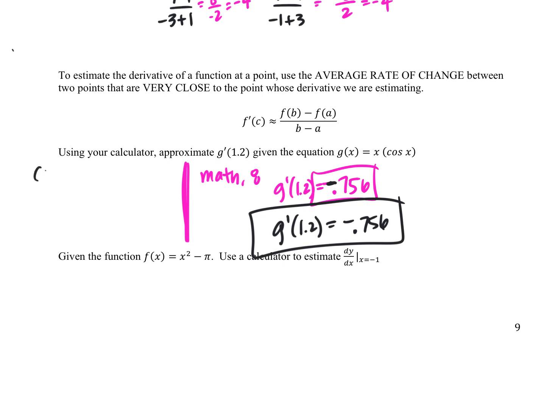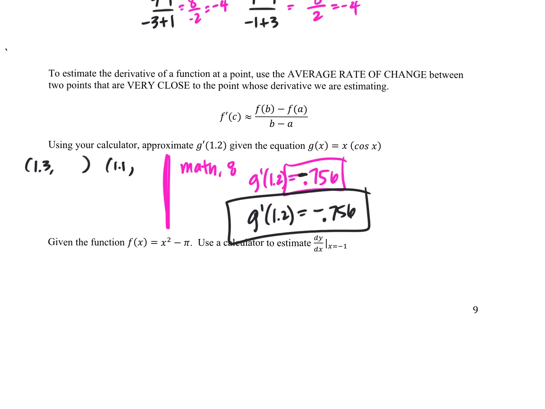You're saying 1.3 and 1.1? Those are two x values on either side. How would I get the y value? Let's find when x is 1.3. This is pretty silly that I'm having you do this, but I think it is good practice. This is kind of what you were saying, Nelson.